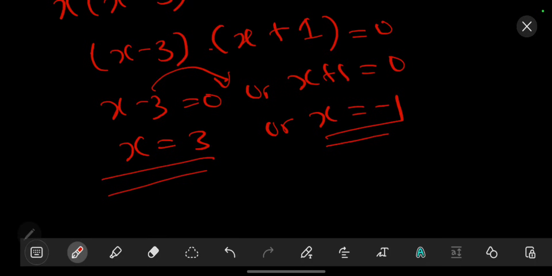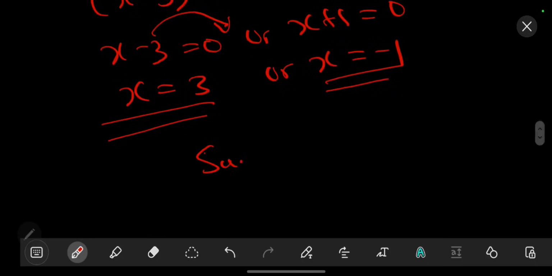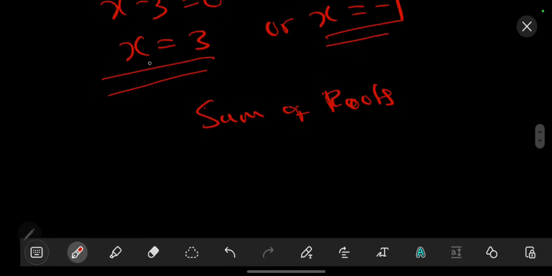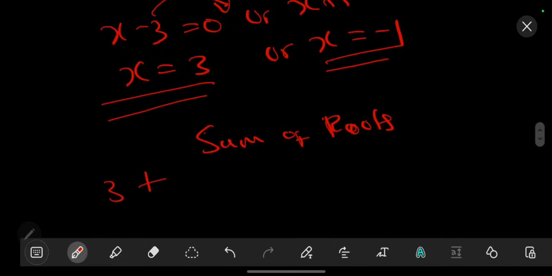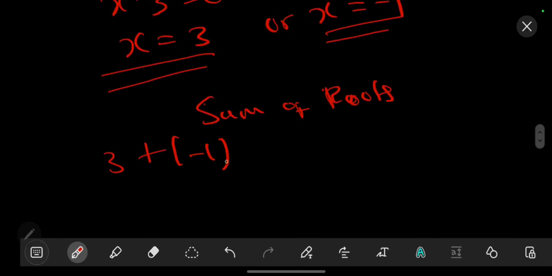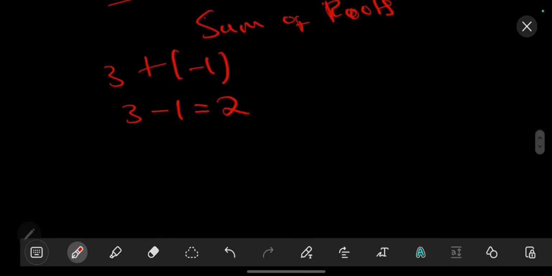So now let's find the sum. Sum of roots is, we are going to add our 3. Now we have plus, but this one is negative, so we can say -1, which will be equal to 3 minus 1, which is equal to 2.